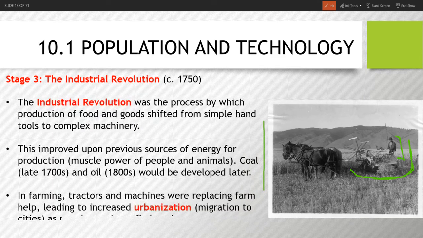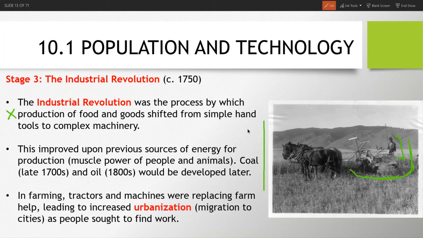So what we end up with is the introduction of complex machinery. The Industrial Revolution was a process by which production of food and goods shifted from simple hand tools to more complex machinery. For most of human history, most work was done by hand and done by manpower, okay, with the use of tools. It's not until the Industrial Revolution that advanced machinery, which can do a lot more work, perhaps faster, started to develop.